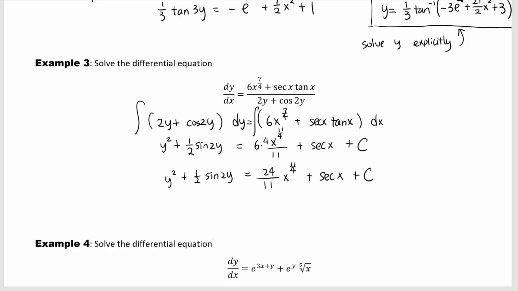Because we're not given the initial condition, we're not able to solve for c, so it's okay to just leave it like that. And you can see in this problem, we are not able to solve for y explicitly, because we have y squared here and the sine 2y. So just leave it like this.